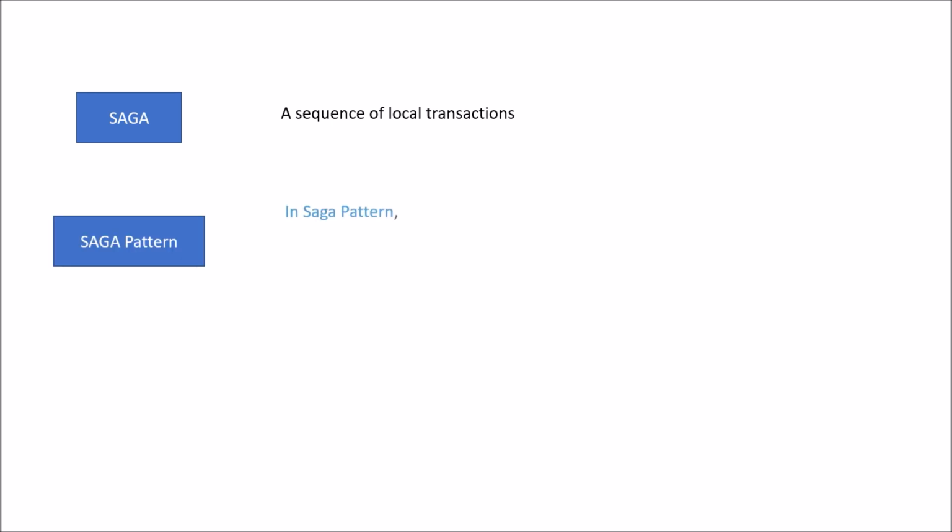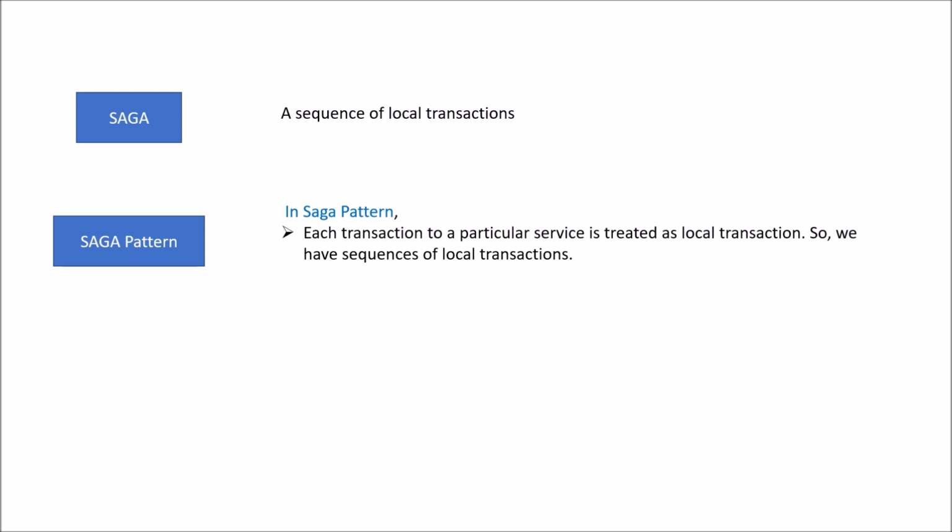In the Saga Design Pattern, each transaction to a particular service is treated as a local transaction. So we have a sequence of local transactions and each local transaction updates data within a single service.